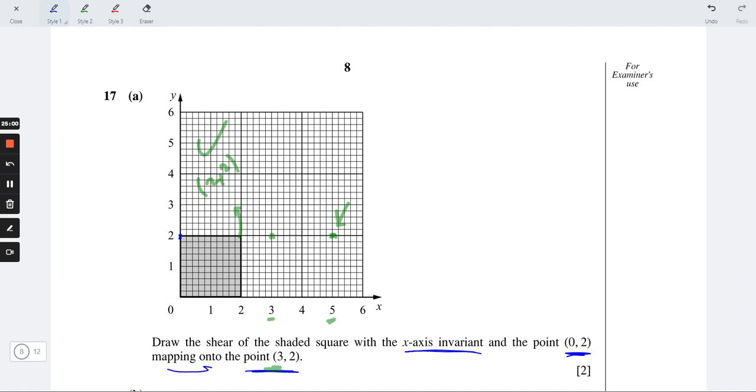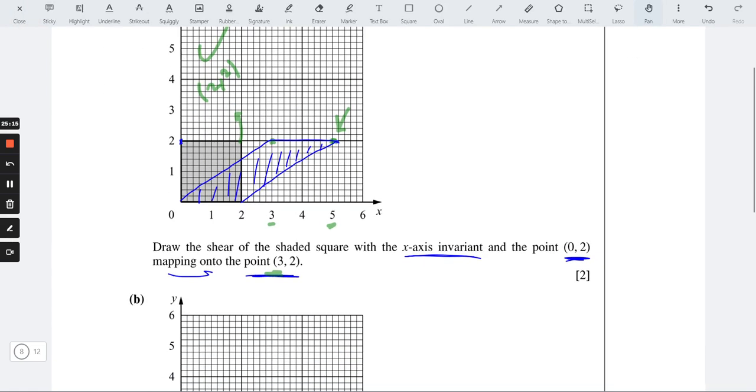Now connect these points with the point 0, 0 and point 2, 0, like this. So it's mapped to a parallelogram here now.